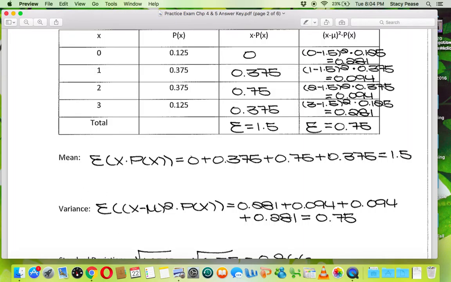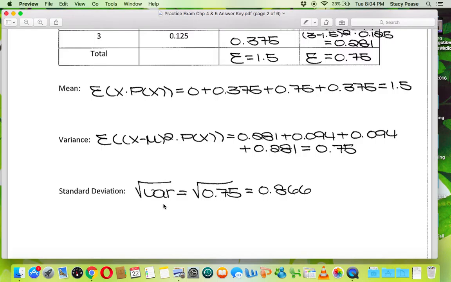So our 0.75 that we got by adding this column together, that's your variance. So to get your standard deviation, it's simply the square root of your variance. So the square root of 0.75 is 0.866.